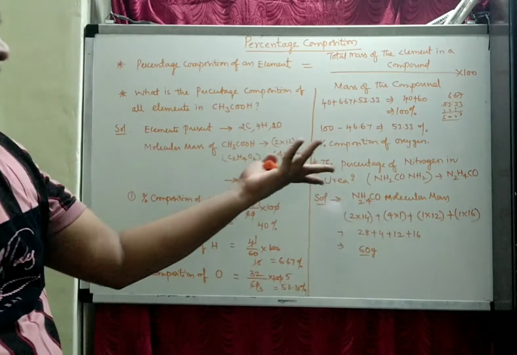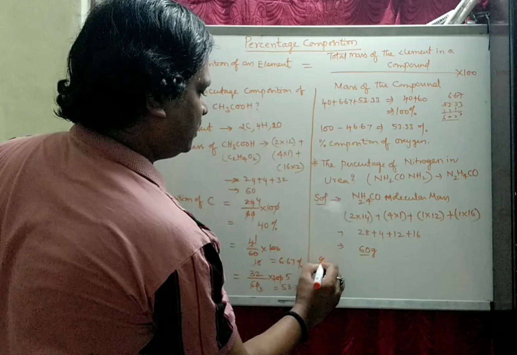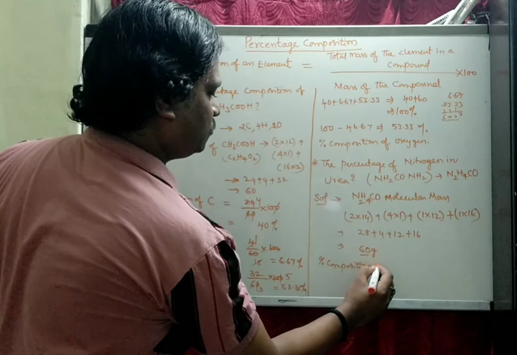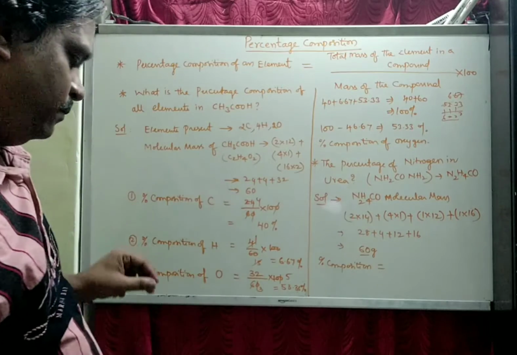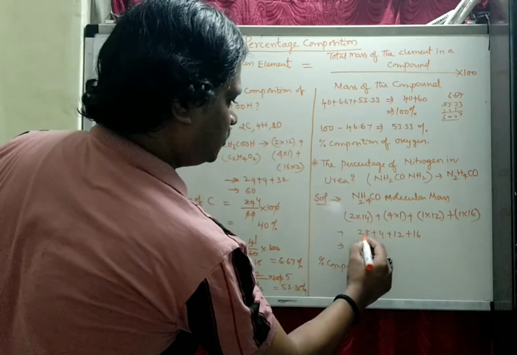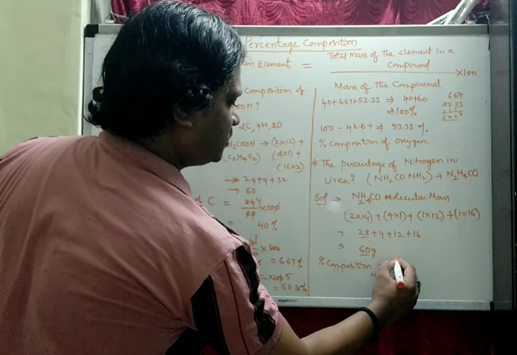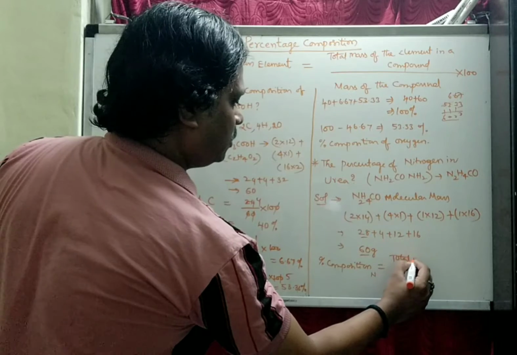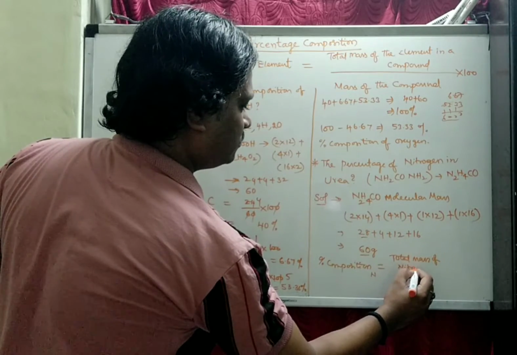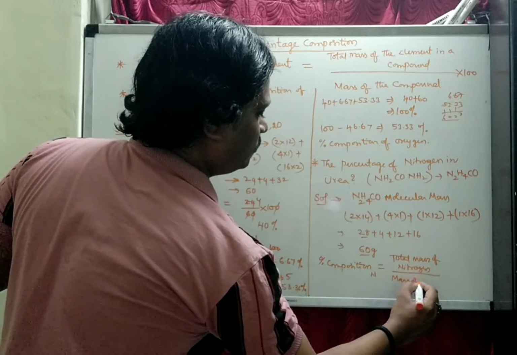Now, the question is the percentage of nitrogen in urea. What is the formula? Percentage composition is equal to the total mass of the element, nitrogen, divided by the mass of the compound, into 100.